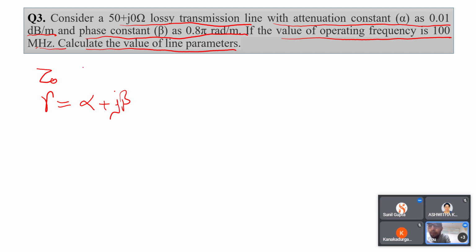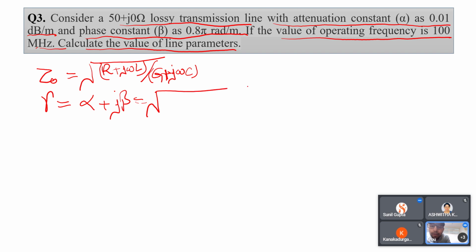In case of a lossy transmission line, z naught is defined as root over R plus j omega L upon G plus j omega C, whereas the propagation constant is defined as root over R plus j omega L into G plus j omega C. By using these two equations, we have to solve this numerical.